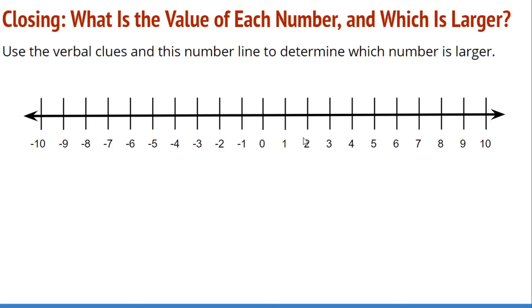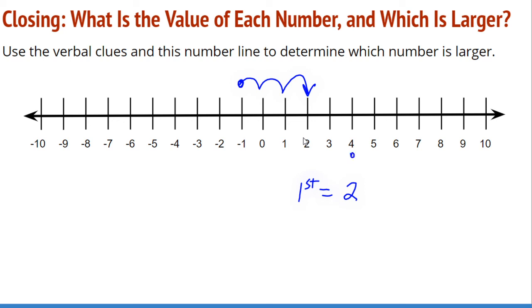So the first number is 3 units to the right of -1. The second number is 5 units to the left of 4. So the first one is 3 units to the right of -1. So here's -1, 1, 2, 3. So my first number is 2. The second number is 5 to the left of 4.